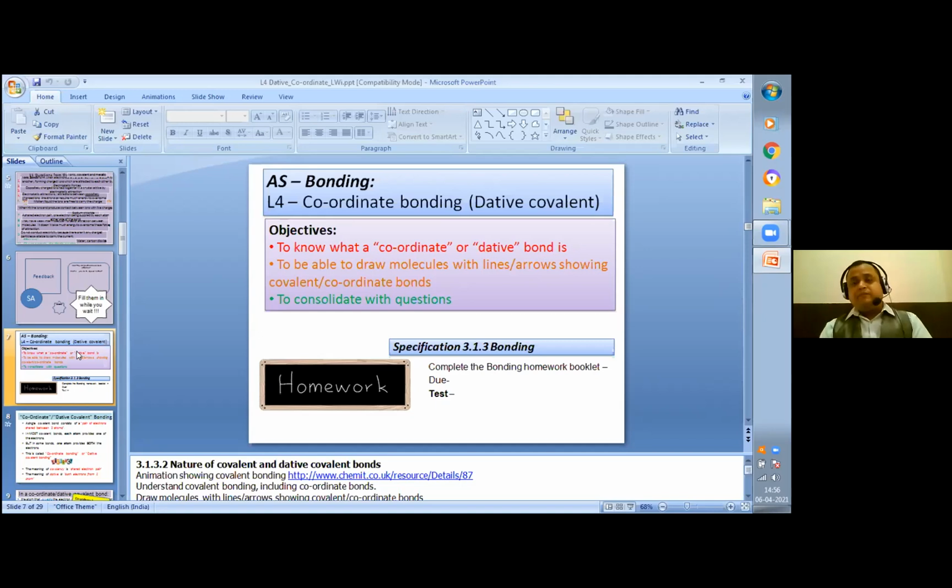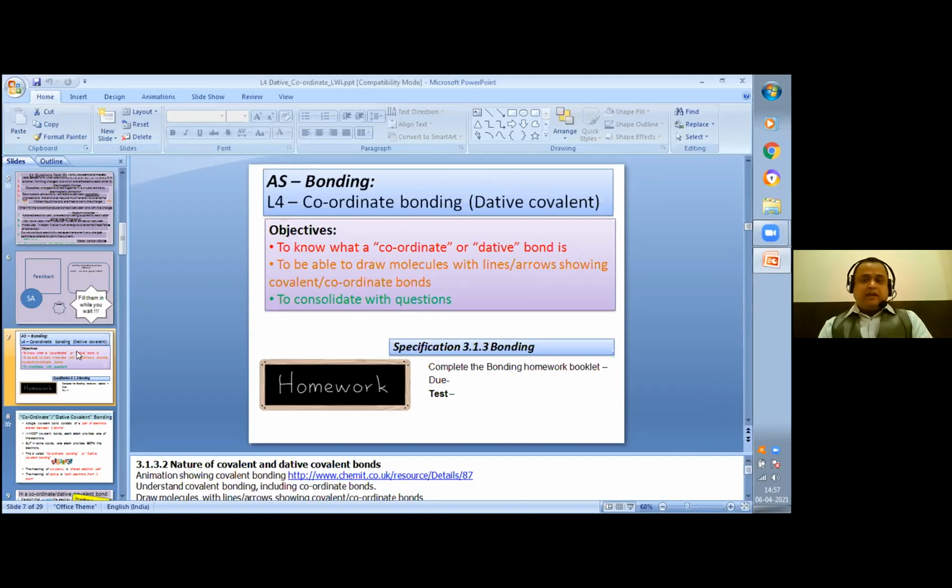What is a dative bond? A covalent bond takes place between two atoms when a pair of electrons is shared by the two atoms, but the electrons come from both atoms.